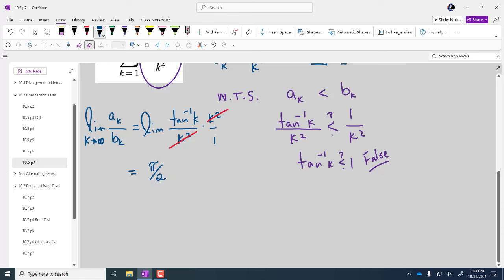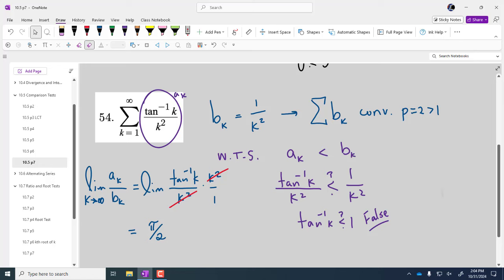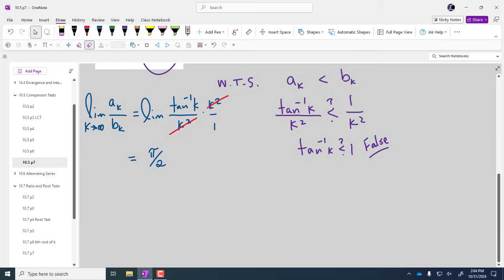So what is our conclusion with the limit comparison test? They both do the same thing. Since the original that we chose for our b sub k converges, our a sub k series converges also. This is an element of the positive reals, and so this tells us that both series will converge.